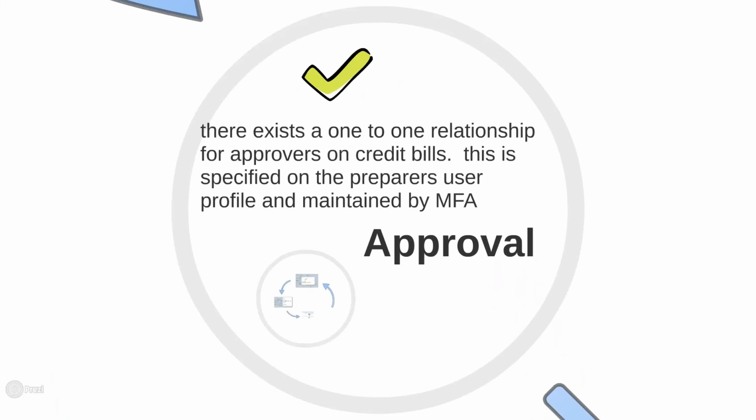So if there is a scenario where your normal approver for credit bills is out of the office and you need to temporarily assign another user in your office to approve bills, contact myself or a member of the accounting team, and we can temporarily update your approver for you. And then just be sure to notify us when your normal approver is back in the office and you'd like it to be updated.